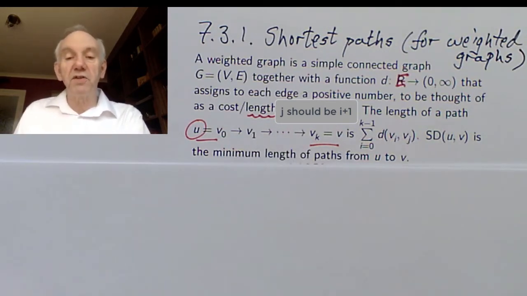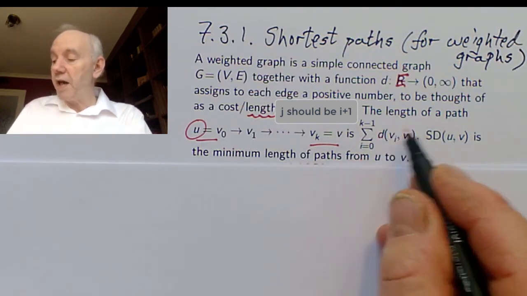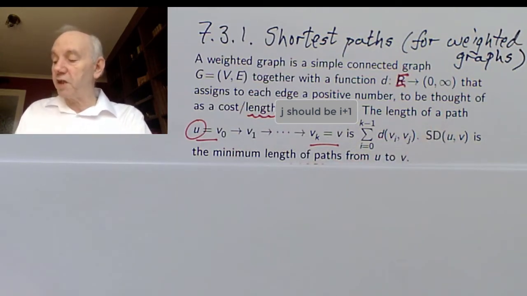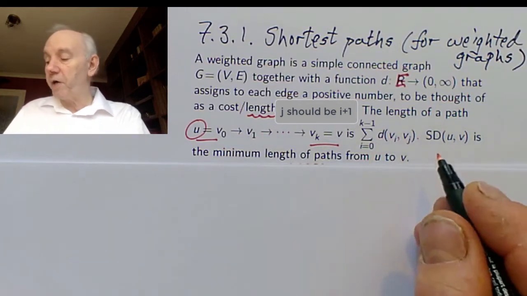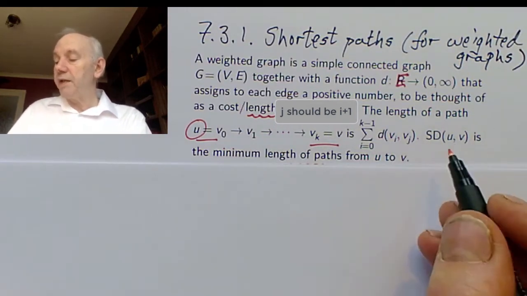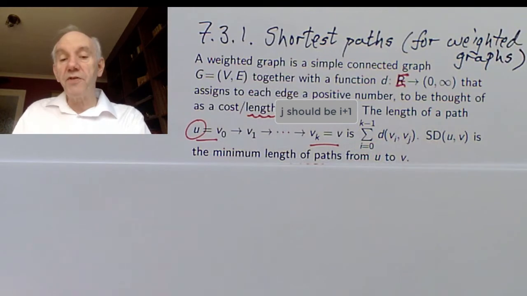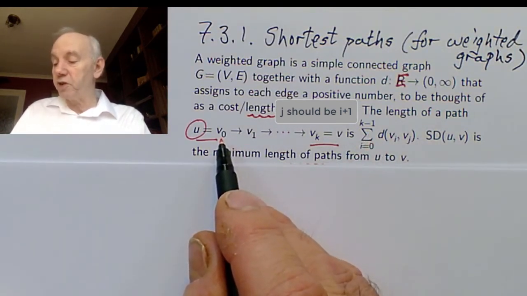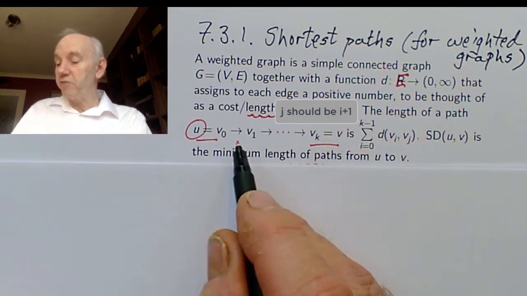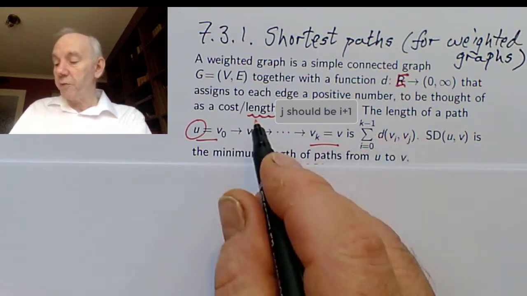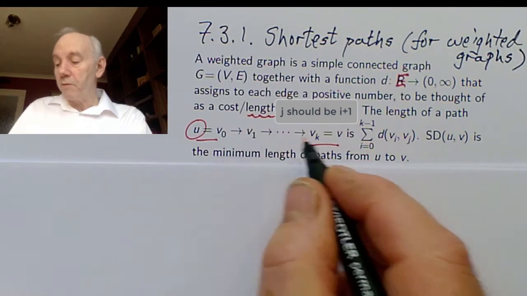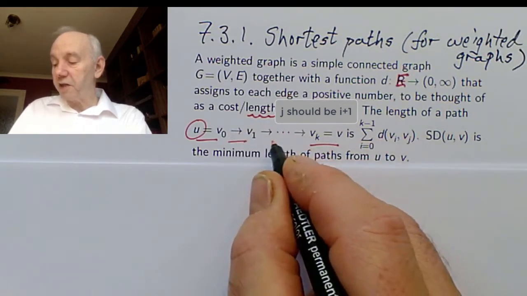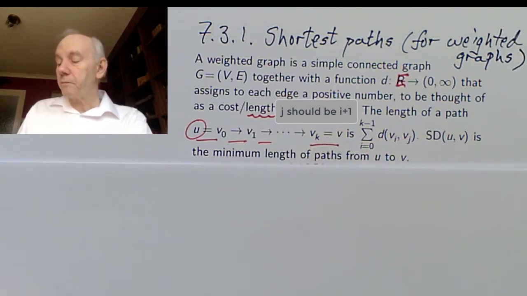The arrows are really just for psychological comfort here. The length, or the total weight as I'll sometimes say, of such a path is simply the sum of the weights. So in this case, we have k things to sum up, with i going from 0 to k minus 1. So we're just taking the weight associated to this edge plus this edge and so on. And that's the total weight or the length of the path.